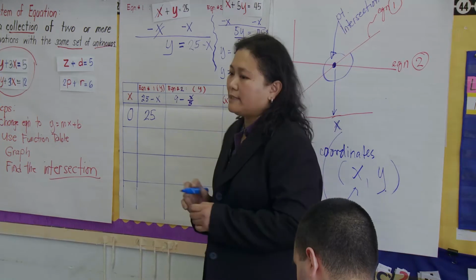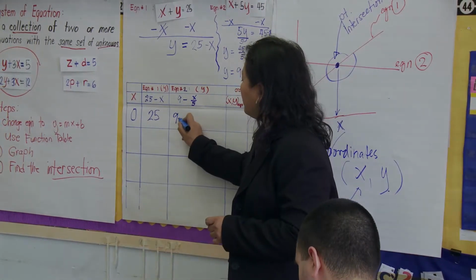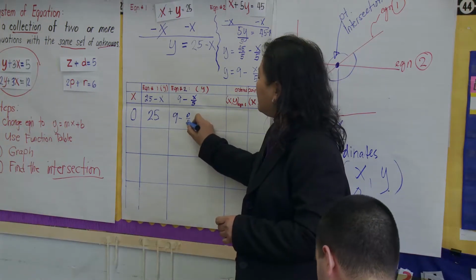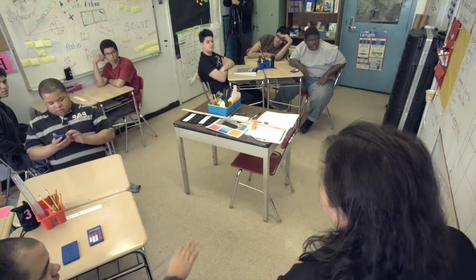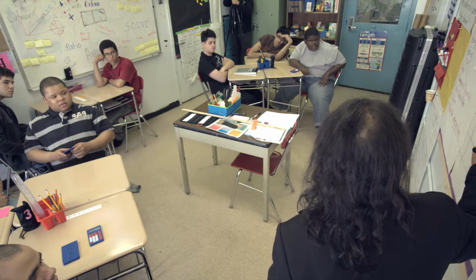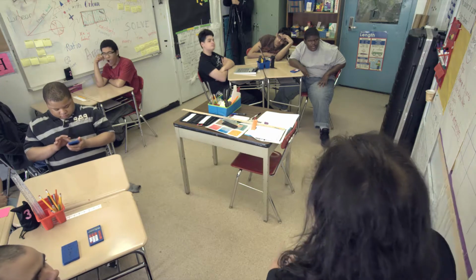Okay, what about on the second equation? That's 9 minus 0 over 5. What's 0 over 5? 0. So this is equal to 9.